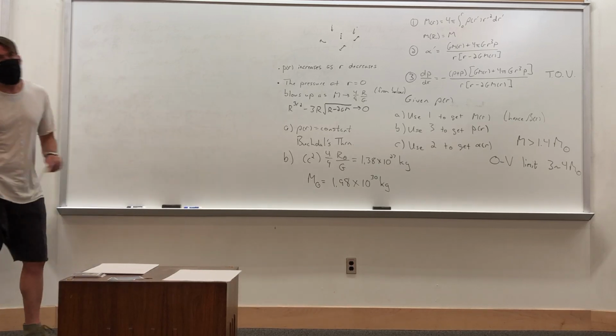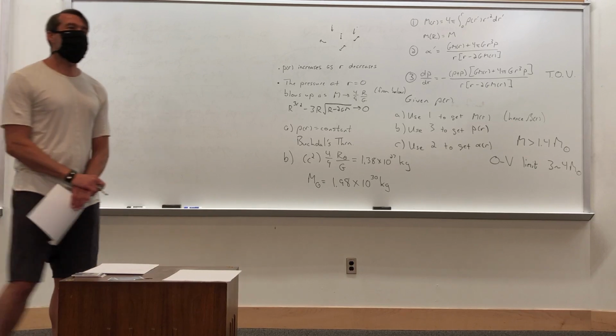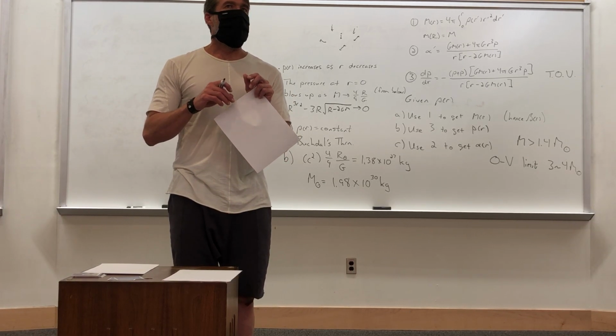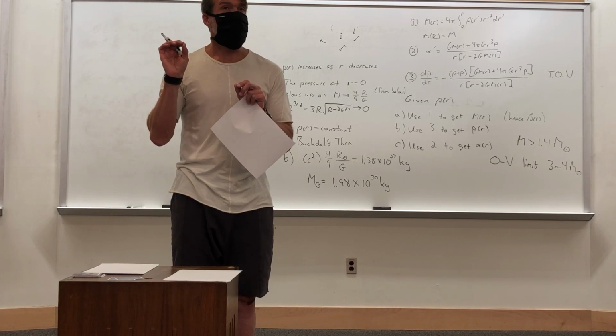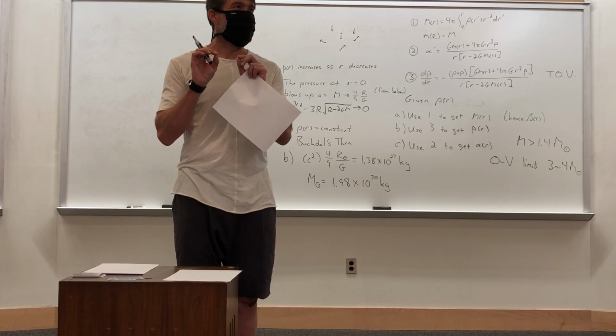So first of all, what is the metric of a black hole? Well, let me ask you a question. Where is all the mass of a black hole? It's at r equals 0. So if I want the exterior solution, I want the geometry everywhere except r equals 0.